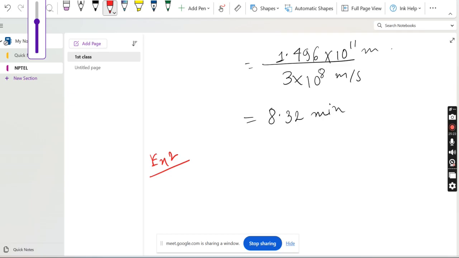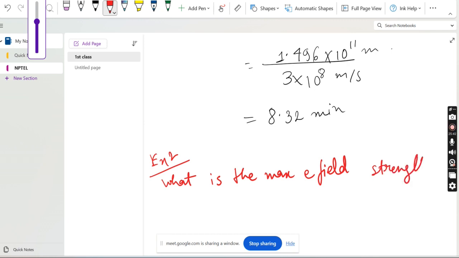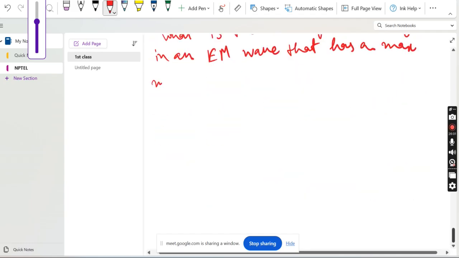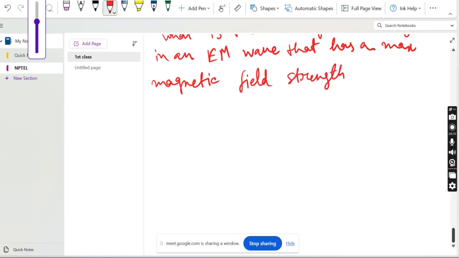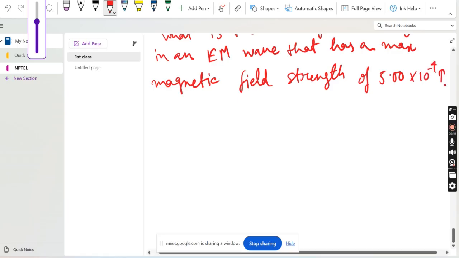The next example is the maximum electric field strength in an electromagnetic wave that has a maximum magnetic field strength of 5 × 10 to the power minus 4 Tesla.